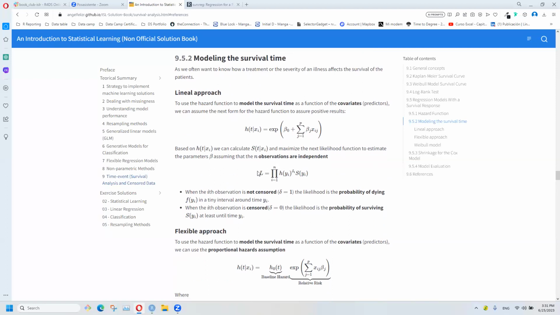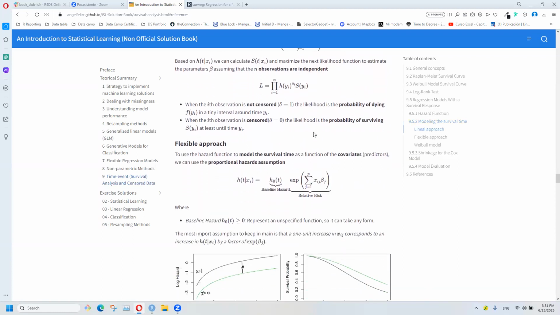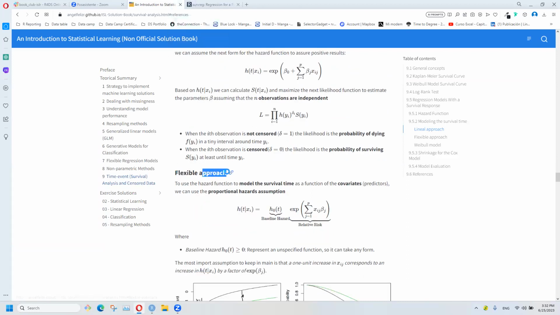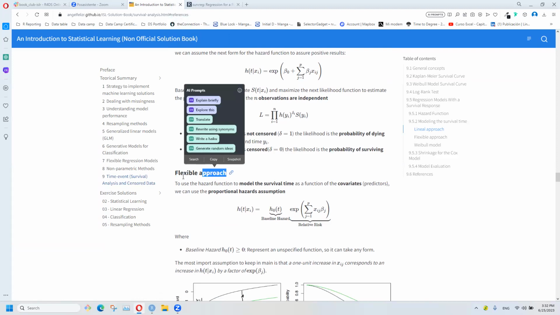We optimize it with the likelihood function, and based on the optimal value of this likelihood, we select the coefficients of this regression. The problem with this is that it's too linear. They recommend a more flexible approach, that is the Cox model.